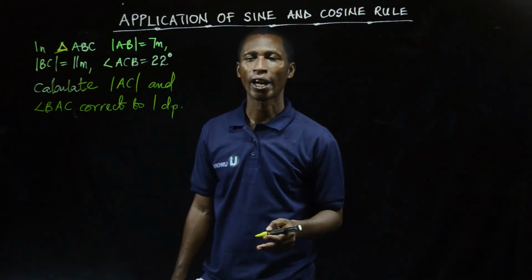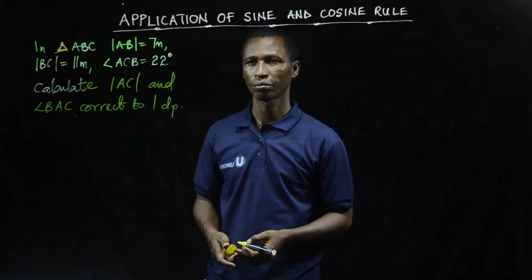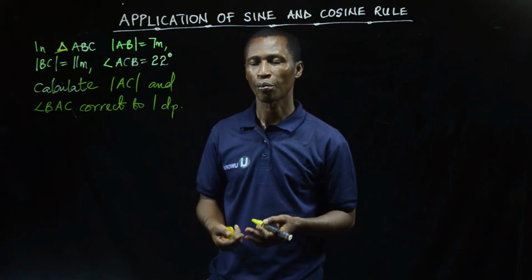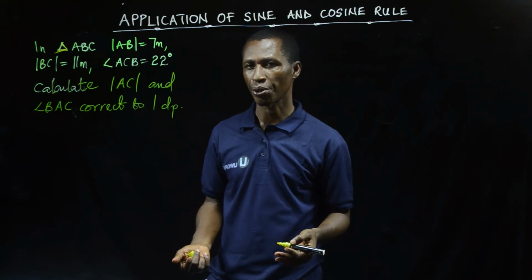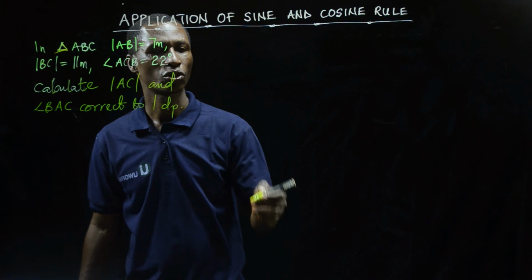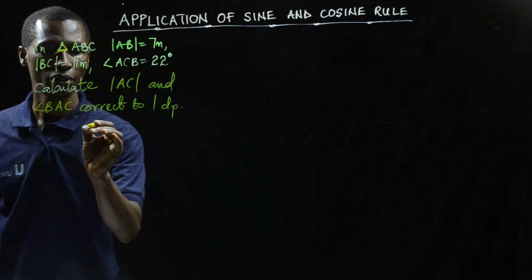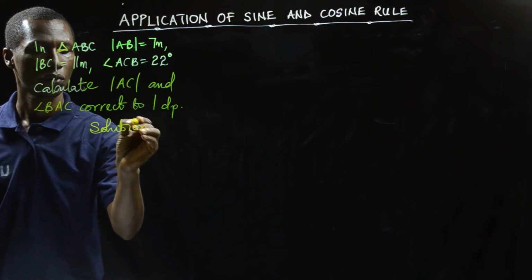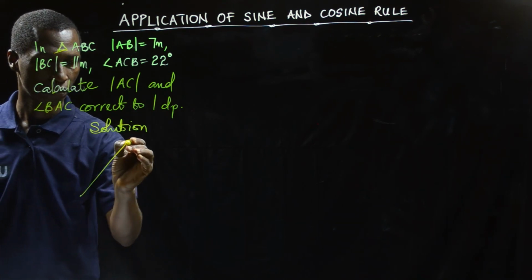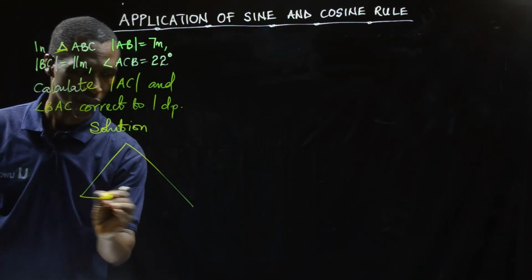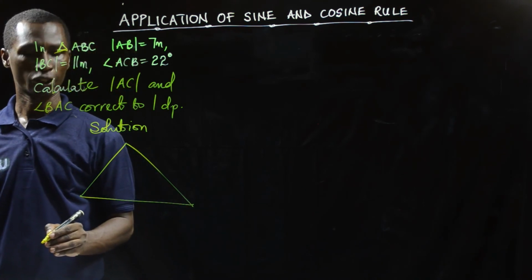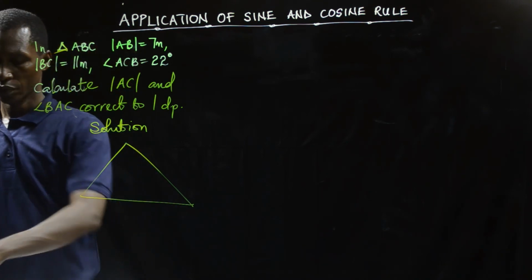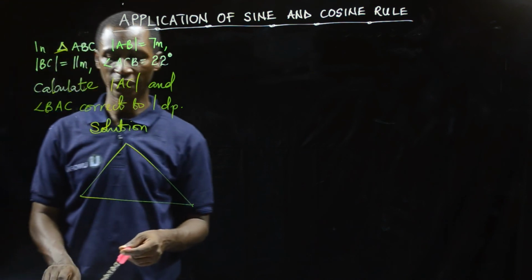Unlike general trigonometry, we have to first draw the diagram and see how it is going to be. So we draw the triangle here and put the vertices down.